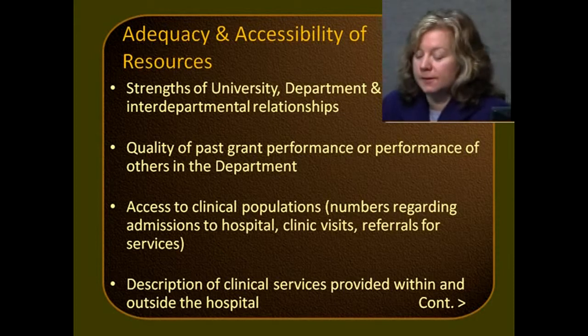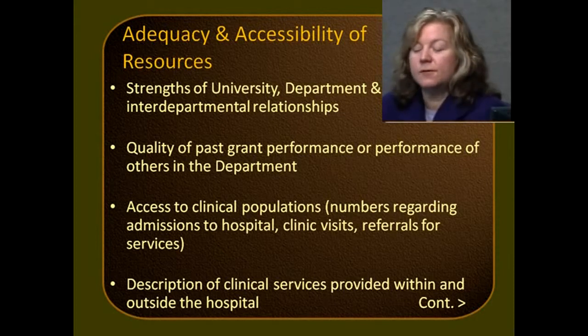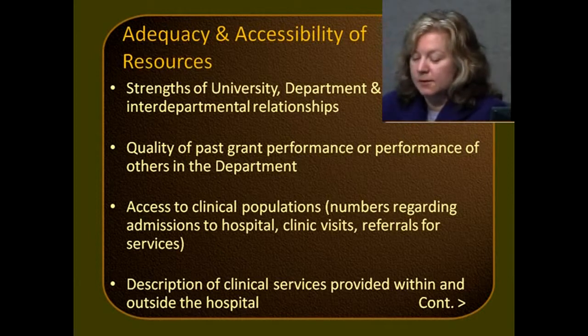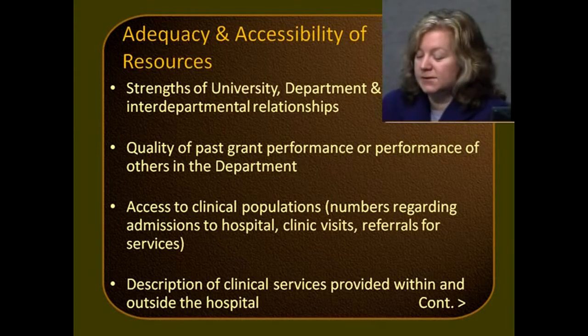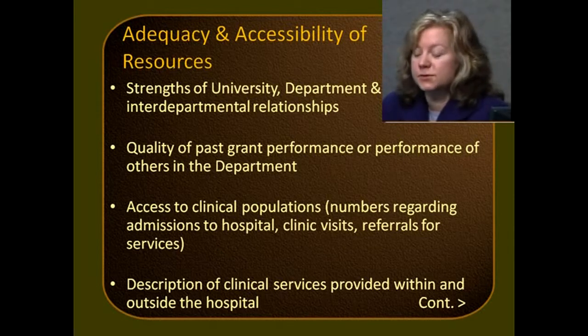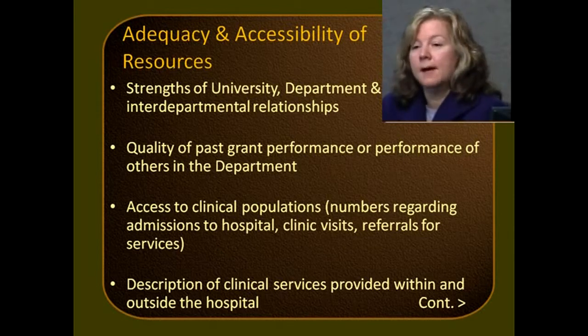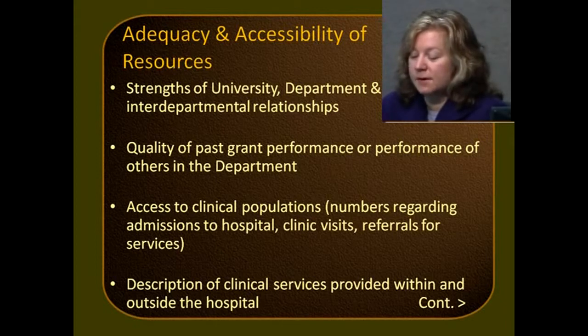anything special in particular. For example, we're the region's only level 1 trauma center, so we can talk about our catchment area, what individuals will be seeing and providing services to. Also talk about how many people you serve per year, how many admissions to your hospital, if those are the kinds of services you provide, how many outpatient clinic visits are there.